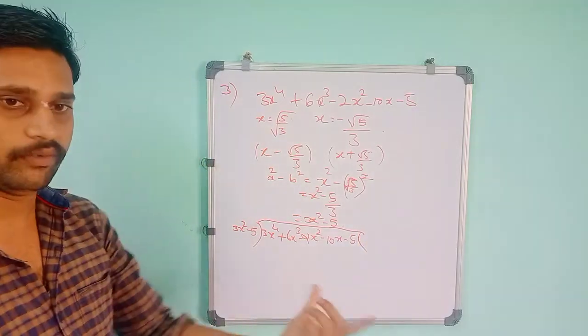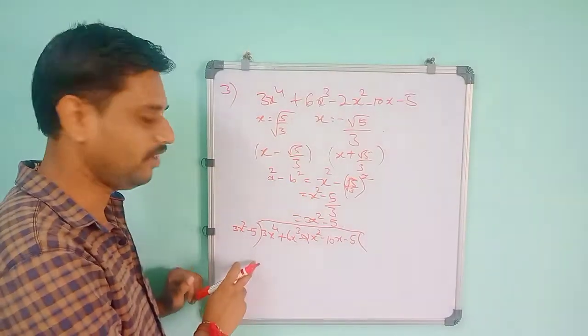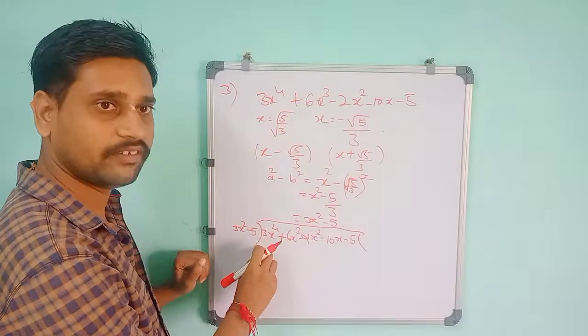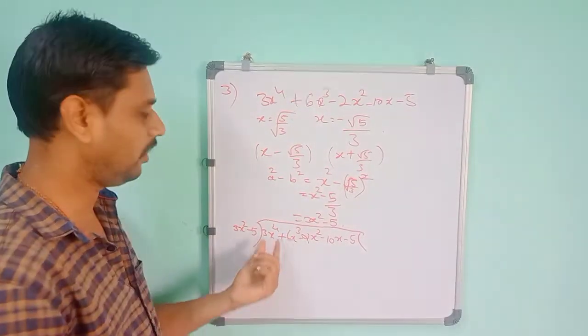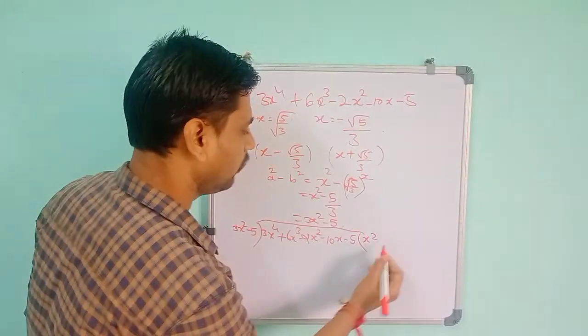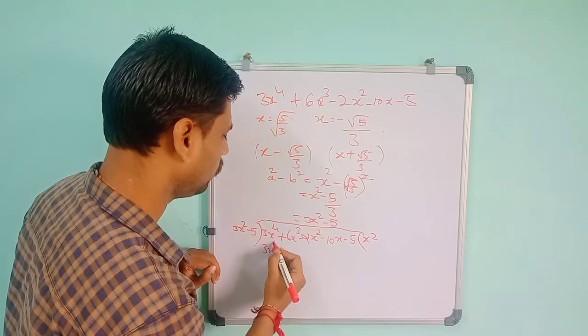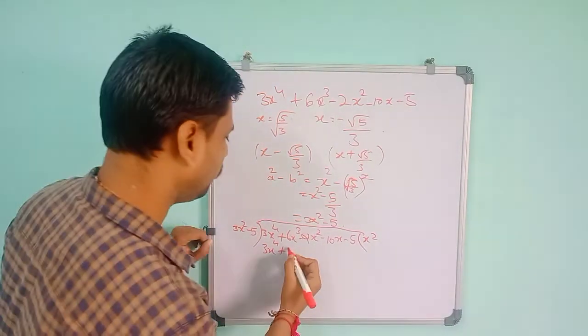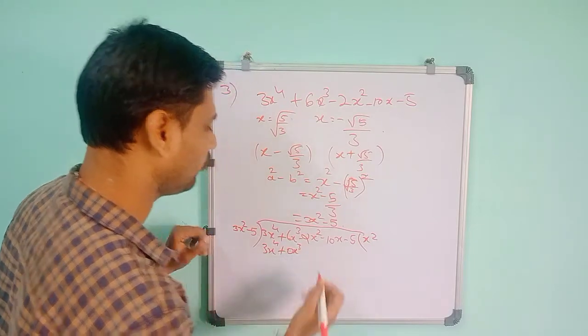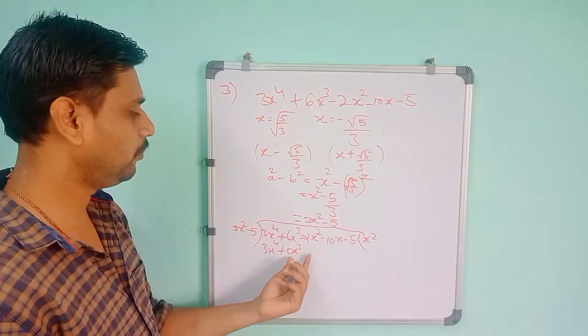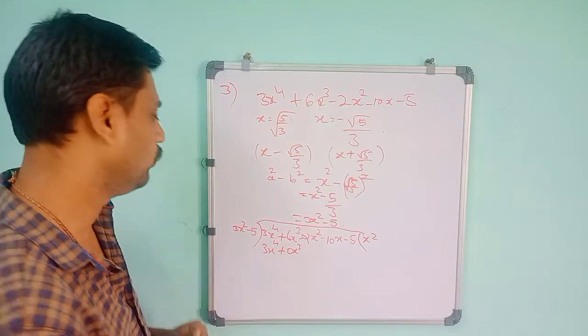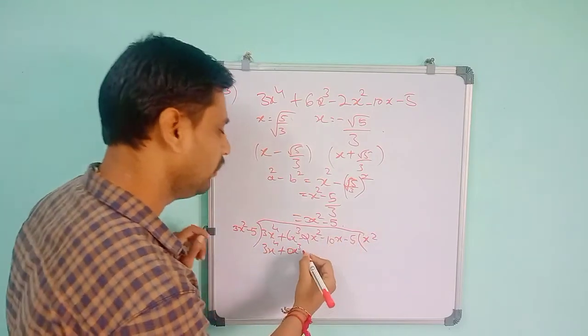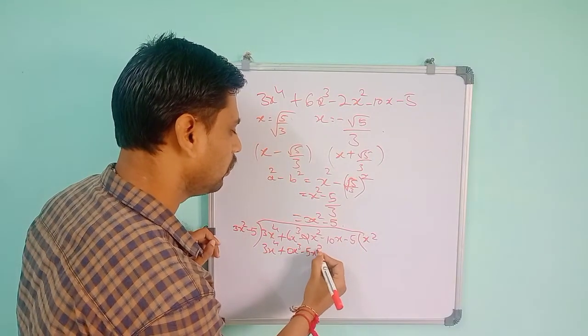If we solve this, 3x square minus 5 is there, so you have to make 3x raised to 4: 3x square is always present, so multiply by x square. So x square into 3x square is 3x raised to 4, and minus 5 into x square is minus 5x square. As I told you, if there is no x cube term or x square term, you write 0, so 0x cube minus 5x square.